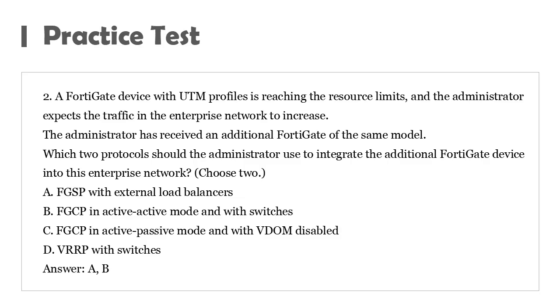Choose 2. A. FGSP with external load balancers. B. FGCP in active mode and with switches. C. FGCP in active-passive mode and with VDOM disabled. D. VRRP with switches. Answer: A, B.